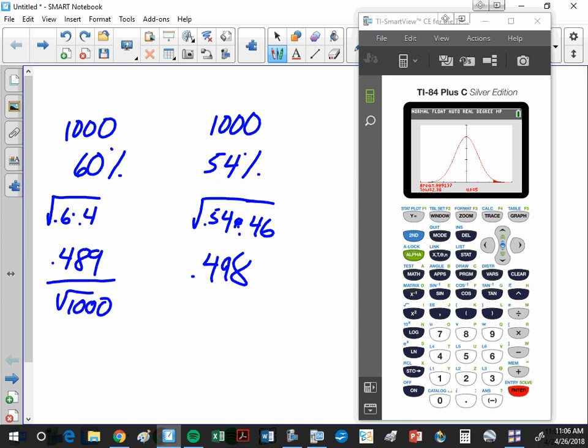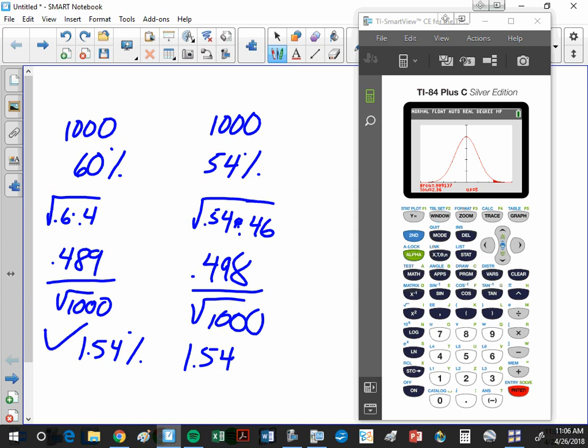That will give me the SE for the percentages, 1.54% and 1.55%. They're still the same. Okay. Now I take the square root of the sum of the squares. And what do I get for the SE of the difference? 2.17.